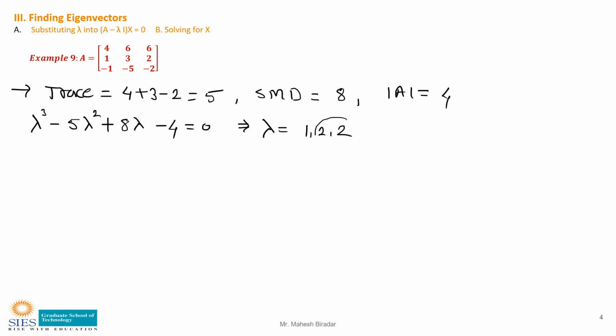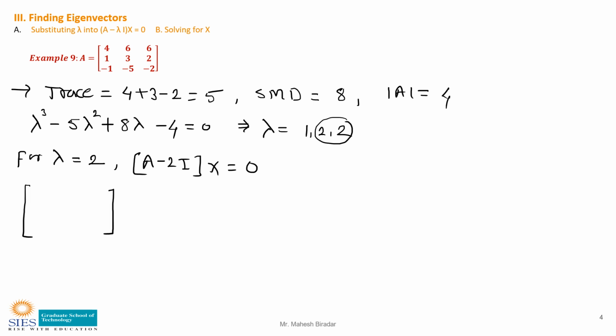So all of you remember here, one of the eigenvalues, which is 2, is repeated 2 times again. So again, first I'm going to calculate for lambda equal to 2 only. You can put this value in the equation (A minus 2I) x is equal to 0, means you can subtract 2 from the diagonal elements.